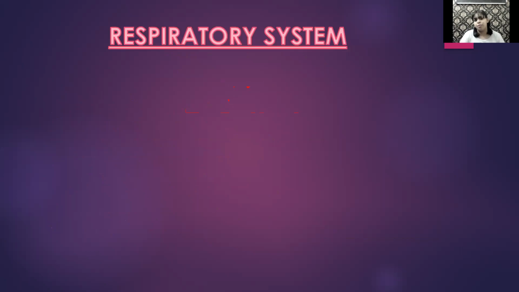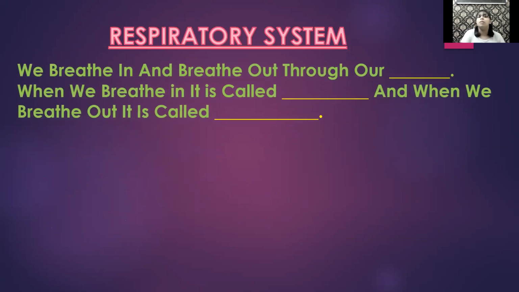Let's recap what we learned today, the respiratory system. We breathe in and breathe out air through our nose. When we breathe in, it is called inhalation. Very good. And when we breathe out, it's called exhalation.